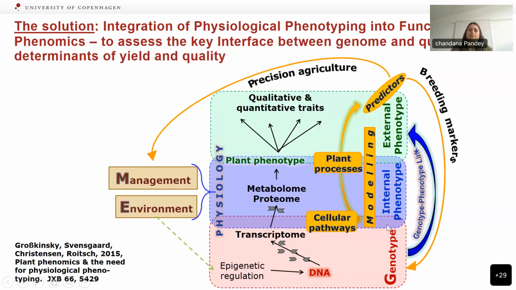For example, the genotype is used as a predictor, and finally we take advantage of precision agriculture at the management level. And as a predictor of the genotype, that can be a breeding marker, related to the different genotypes using metabolome analysis and the different physiological responses.